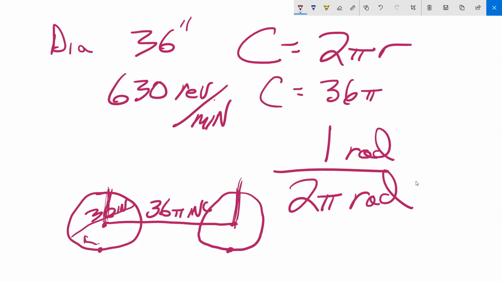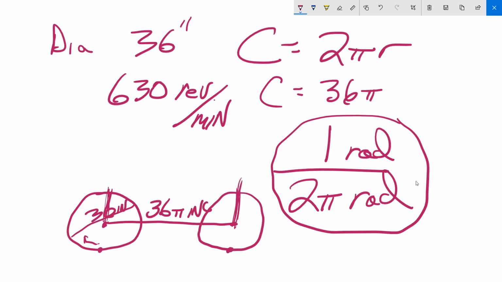So what I'm looking for is the fraction. In other words, if I had 2 pi over 2 pi, I'd have a fraction of 1. And we already know that it goes a complete 36 pi inches. So it's going to go about 1/6 of that, right?